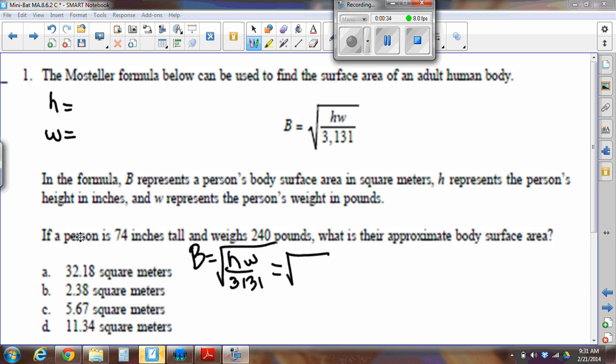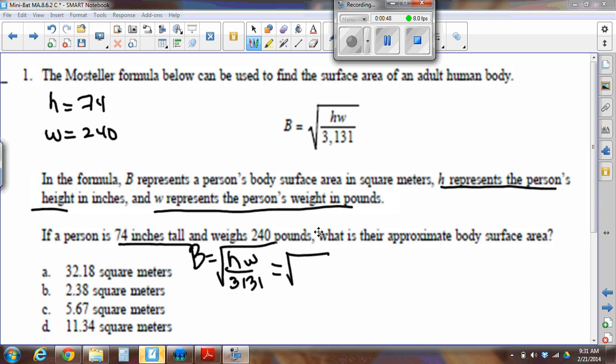So we go through the problem, we see that H represented the person's height, W represented the person's weight. So when I look for the height, 74 inches tall, so H is 74, and the weight is 240. What's the approximate body surface area? So I'm looking for B, which we don't know, so what we're going to figure out.